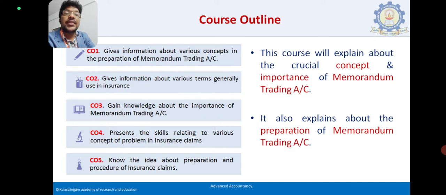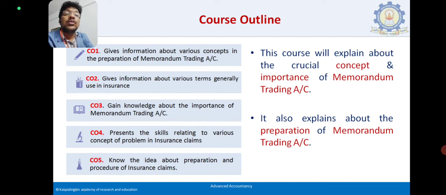It also gives an idea about the various important terms that are generally used while preparing memorandum trading account, like salvage stock value, insured standing charges, and so on, indemnity period, fixed indemnity period, and so on.